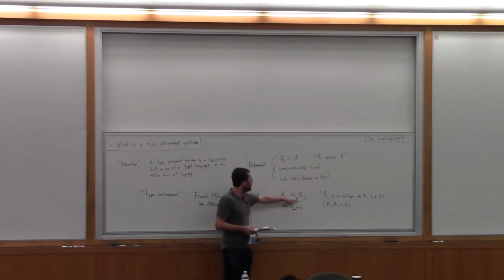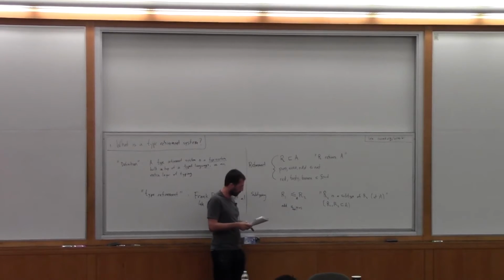The intuitive reading for a subtyping judgment, again, this is an intuition, is that this judgment holds if for all A's, every object of type A, if A has the property R1, then it also has the property R2. So in this case, every natural number, if it's odd, then it's also positive.